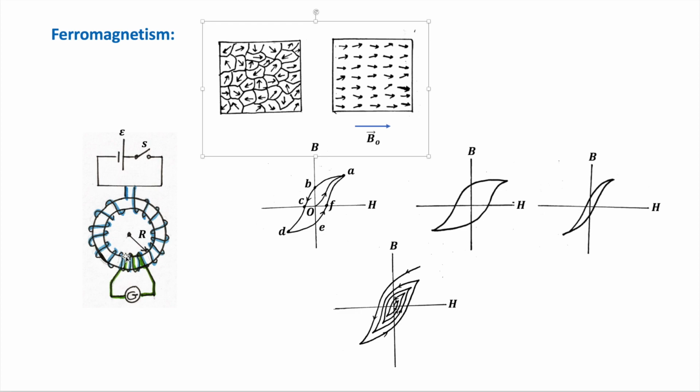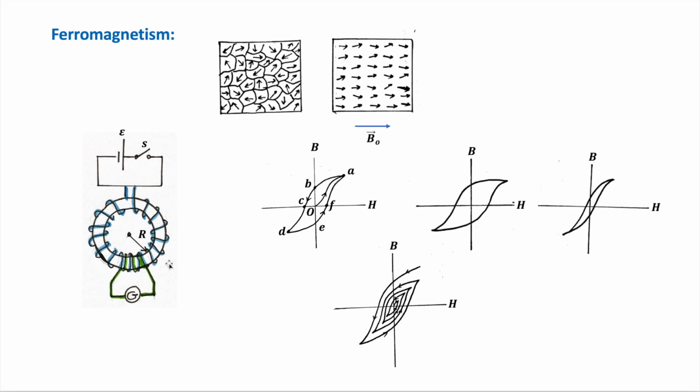This changing magnetic flux induces a current in the secondary coil that is proportional to the rate of change of the magnetic flux. So from this measurement of the current, the value of B, which is the total magnetic field in the toroid, can be obtained.